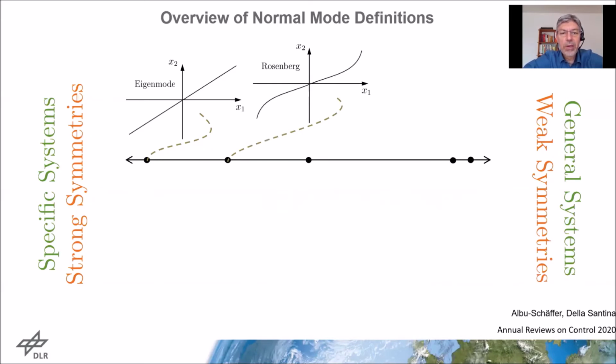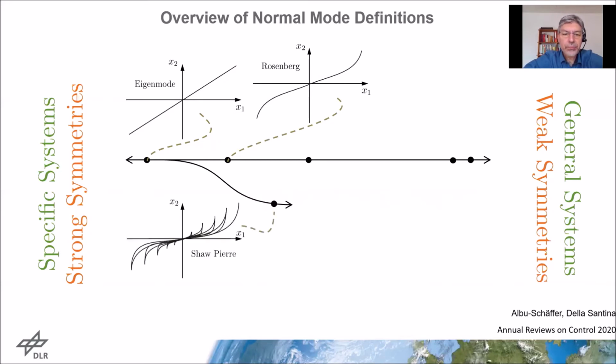And depending on how many properties you would like to retain of the linear mode, you have different definitions. I introduced the Rosenberg mode, where the straight line bends into a curve, which passes through the origin and is monotonic. I very shortly touched the Shaw and Pierre mode, which is an invariant two-dimensional manifold in phase space. I won't go more into detail for that, but look at the review paper.